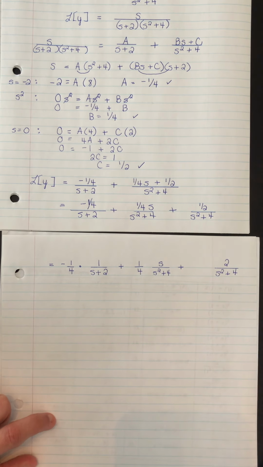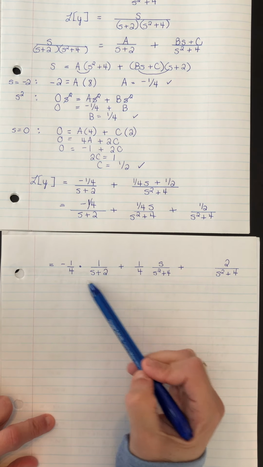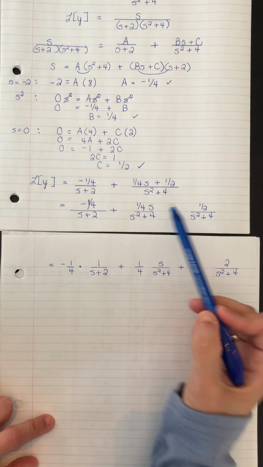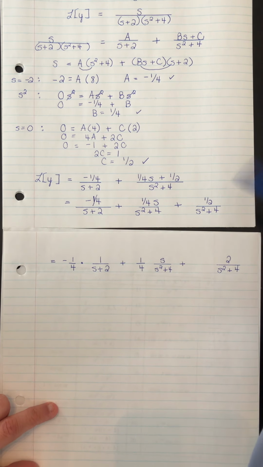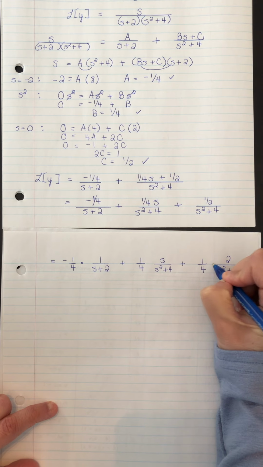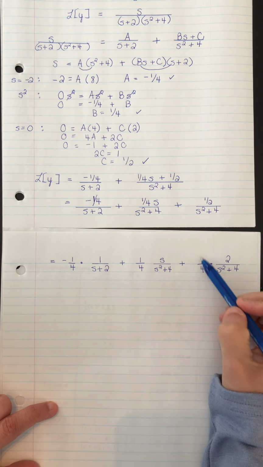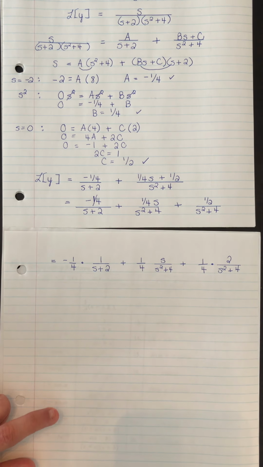I want you to make sure you understand that this is exactly the same as this. This is exactly the same as this. This is the one that's changed. It went from a half to a 2. So how can we make sure they're the same? We have to put 1/4 here, right? 1/4 times 2 will give us back the half that we need.